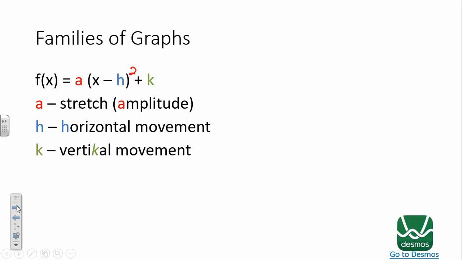Okay? Intentionally misspelled it. So when we graph a parabola or a rational function or anything for that matter, absolute value, all those things we've been graphing, they all follow that pattern.